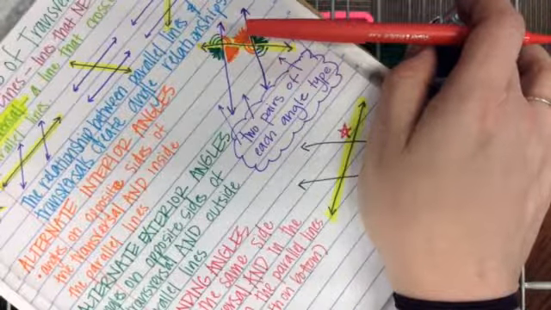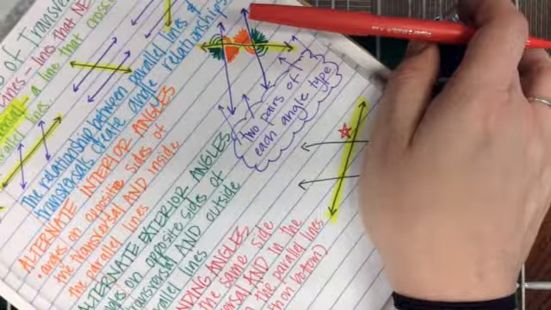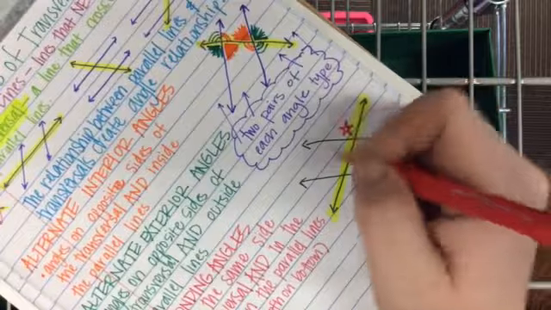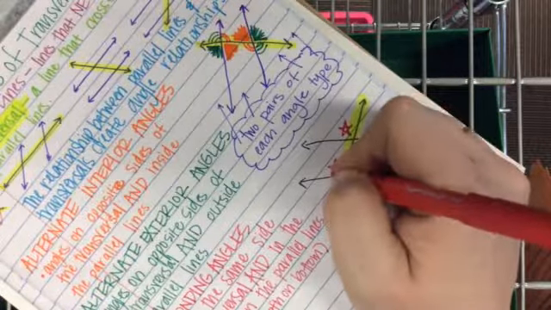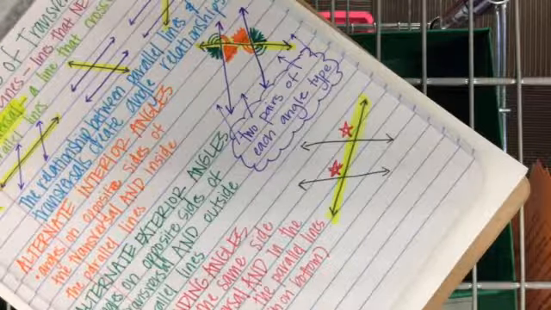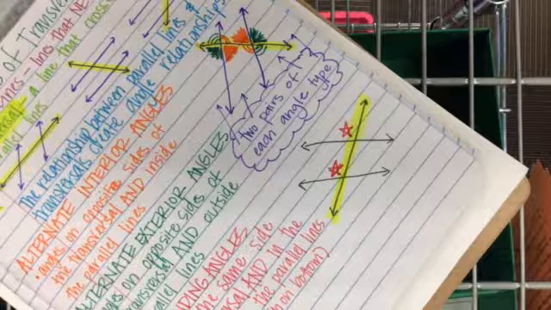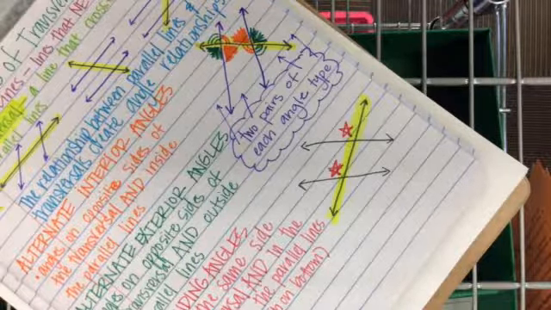Where's its corresponding angle? It's on the same side, the left, in the same position, the top. Perfect. Would it be the other side of it? Same side. They're both on the left and they're both on top. So there's going to be one interior and one exterior.